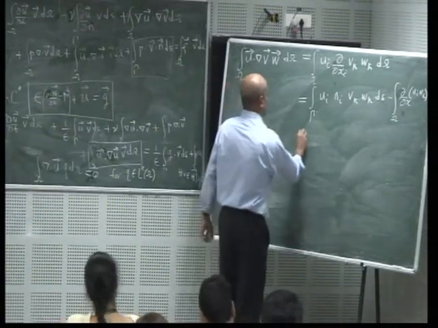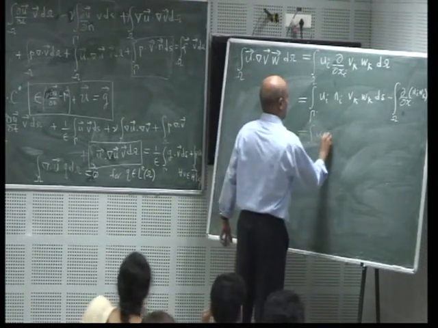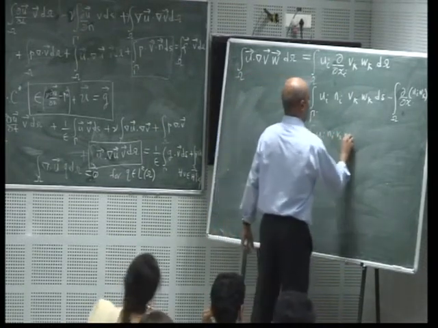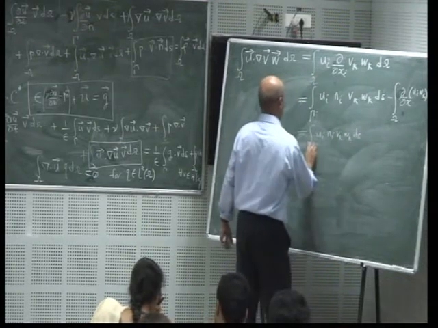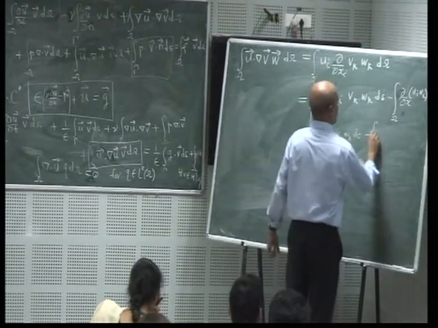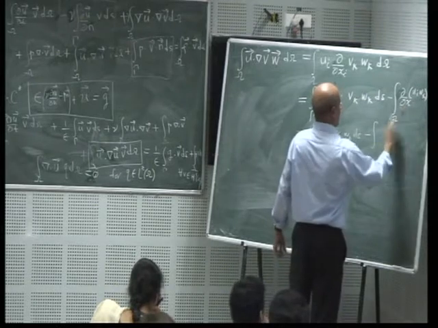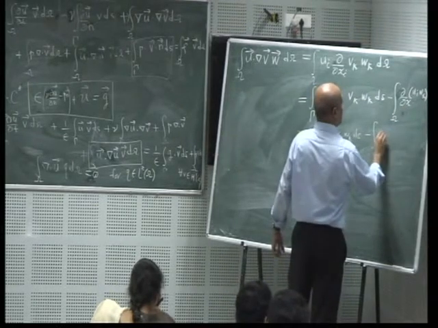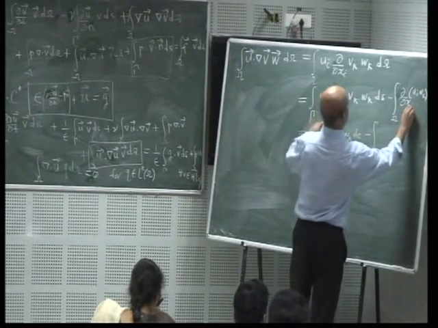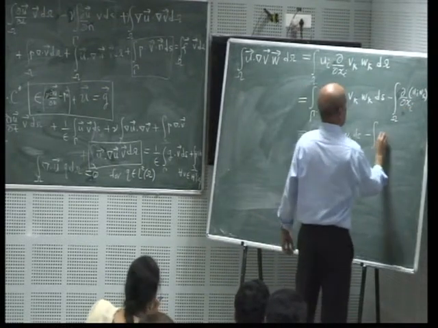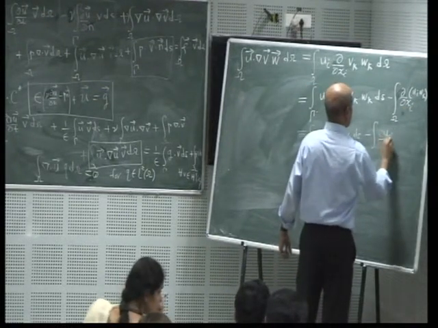Okay, so this is equal to integral Ui, now by product rule you get this, Ui dxi.